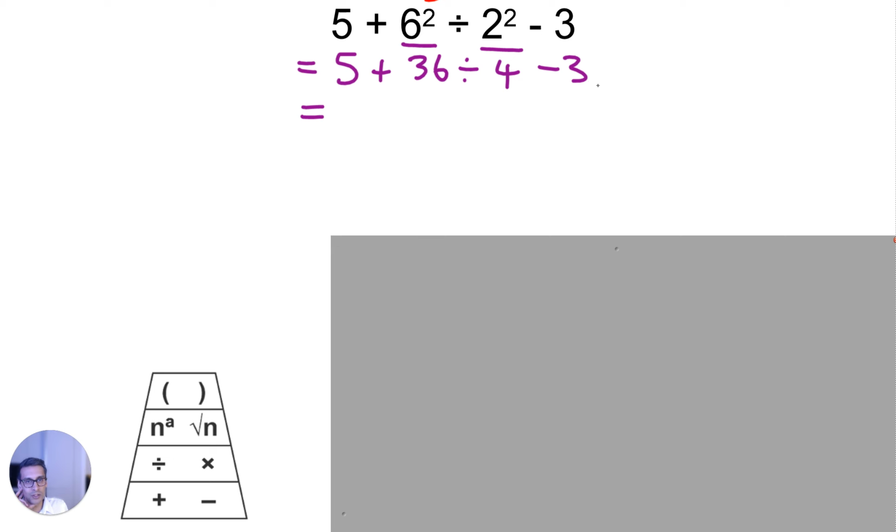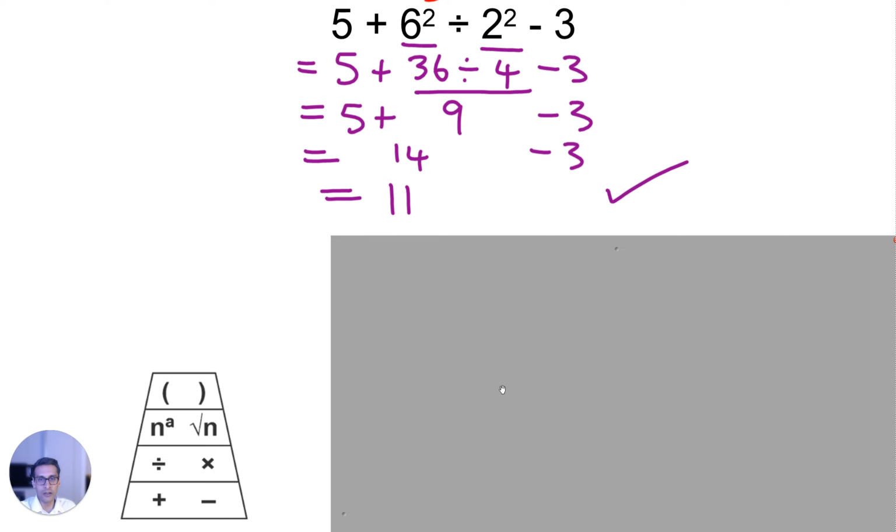We've got addition, division, subtraction. Division comes first. So 5 plus, now 36 divided by 4 is 9, take away 3. And now adding and subtracting are equally important, so we just go from left to right. 5 plus 9 is 14, take away 3, that's going to give me 11.